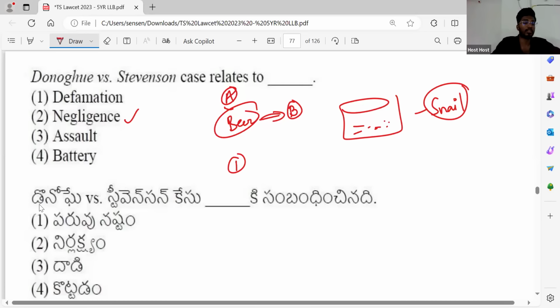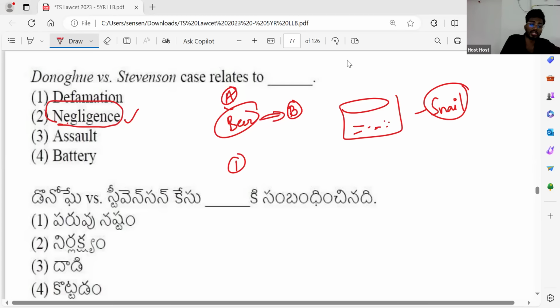First thing, whoever is manufacturing the product, if there is a defect in the manufacturer's product, by default it means that there is his negligence. Whenever there is a snail in the bottle, it means that it is your negligence. You did not see it properly.